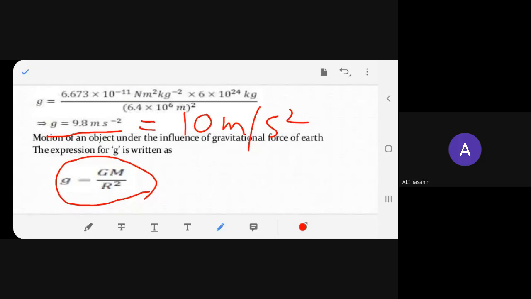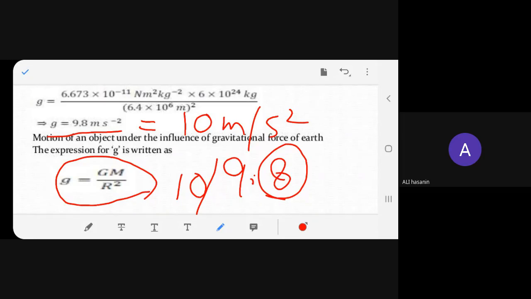When we do approximation, obviously you know that 9.8, the 8 is more than 5, so we can take it as 10. So 9.8 and 10 are almost similar if I take approximation. Sometimes for making numericals easy, we take g equal to 10. Only when we are told. Otherwise, it remains 9.8 meter per second square.